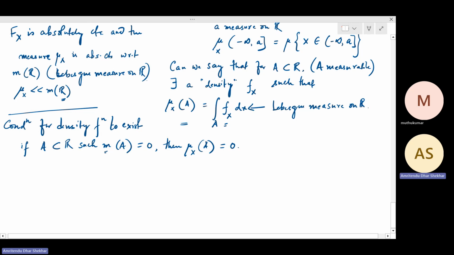In other words, if A is a set of measure 0, then x takes values in that set A with probability 0.